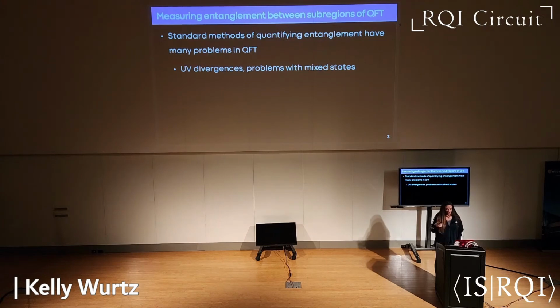All in all, we don't have a general method for quantifying the entanglement between subregions of a QFT. And this could be helpful, for example, in looking at processes like black hole evaporation.